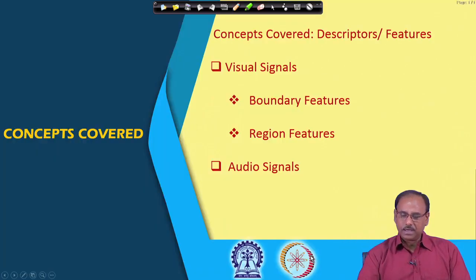So, in today's lecture, we are going to talk about how we can obtain the descriptors or features from the signals that we obtain from the real world. These signals can be visual signals in the form of images, what we can see through our eyes.